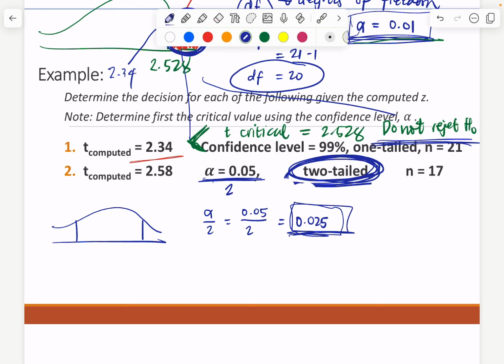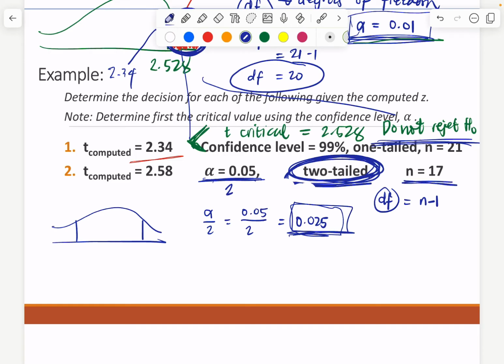Then what's next? What else do we need? We need our DF. What is DF again? That's your degrees of freedom. What's the formula for our degrees of freedom? The formula is n minus 1. What is n? That's your sample size. Correct.